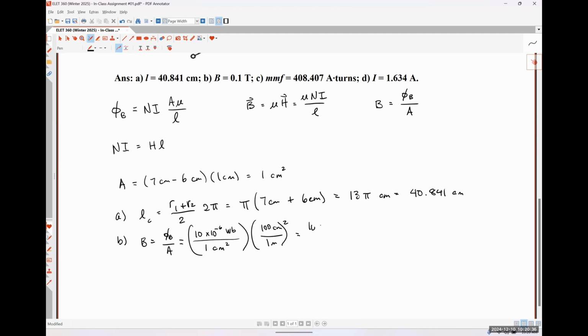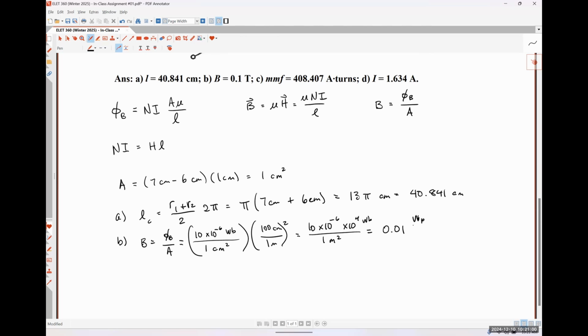So this looks like 10 times 10 to the minus 6 times 10 to the 2 times 10 to the 2. Let's just put that as 10 to the 4 over 1 meters squared. So that would be 10 times 10 to the minus 2, or 0.01 Webers per meter squared, or 0.01.